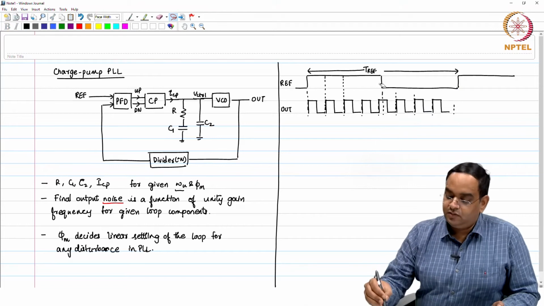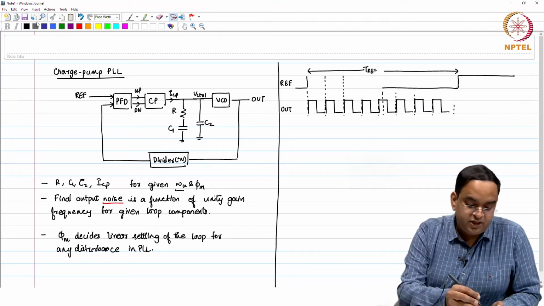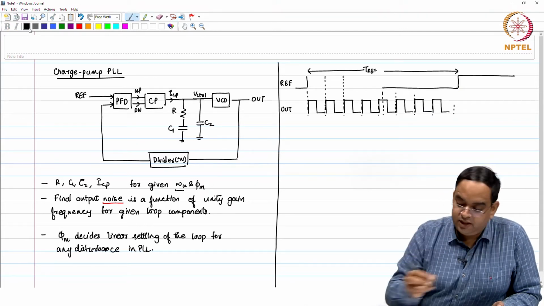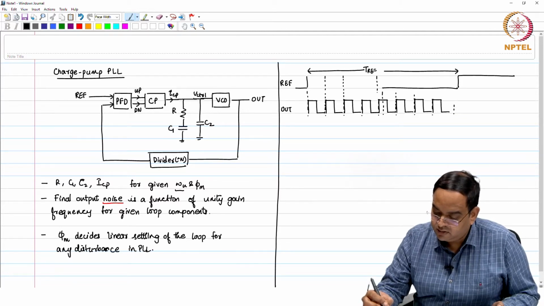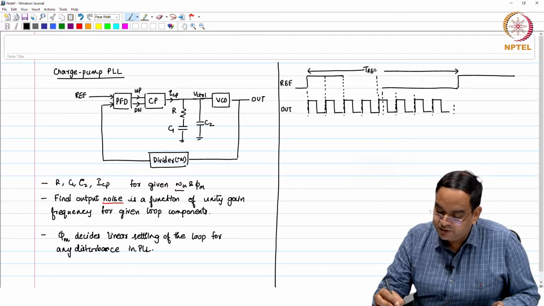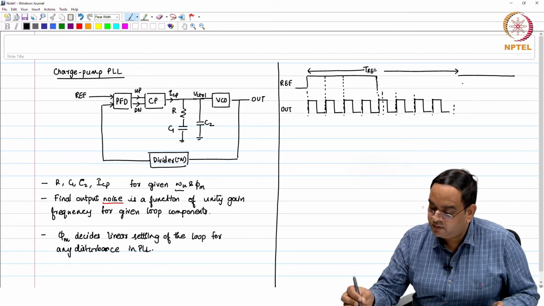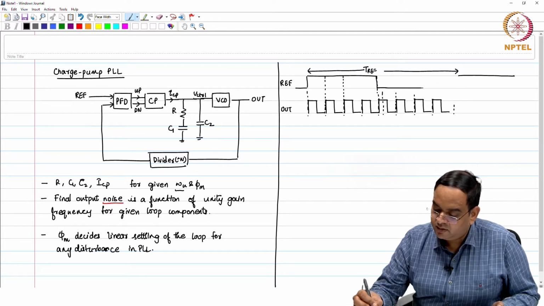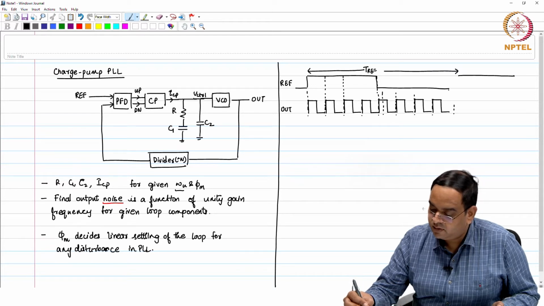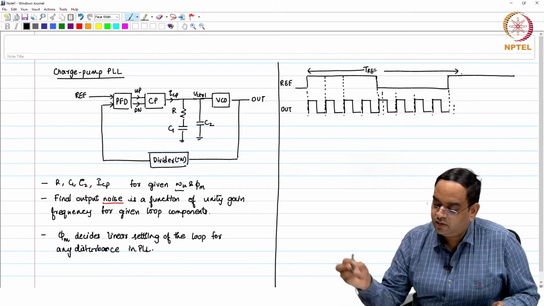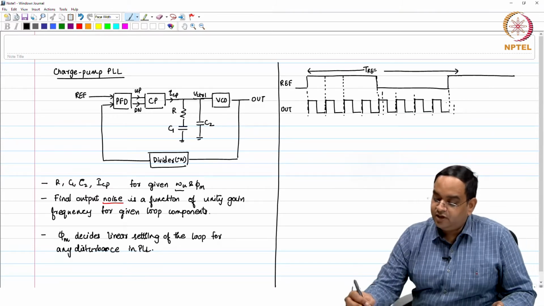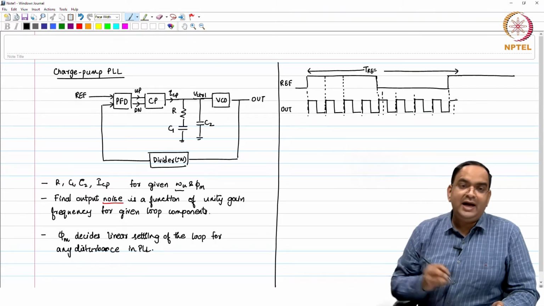Let me make a slight change. This is our T ref, and this is our output clock ideally.